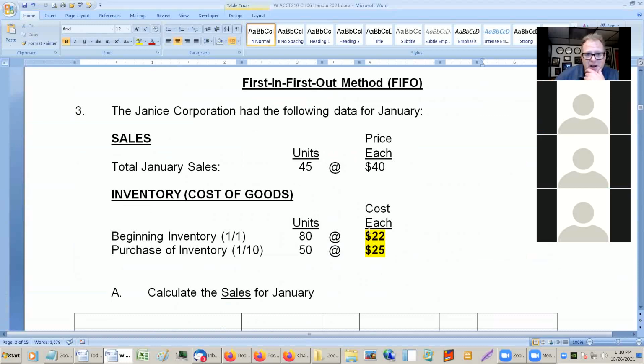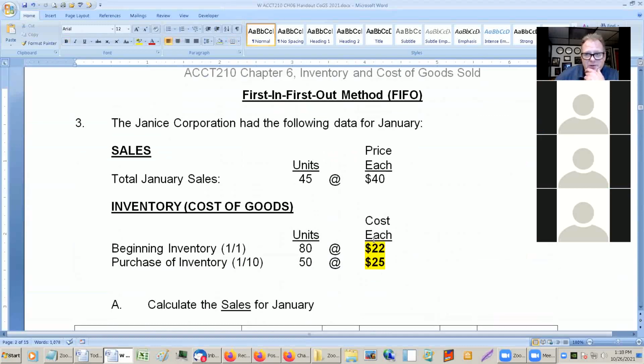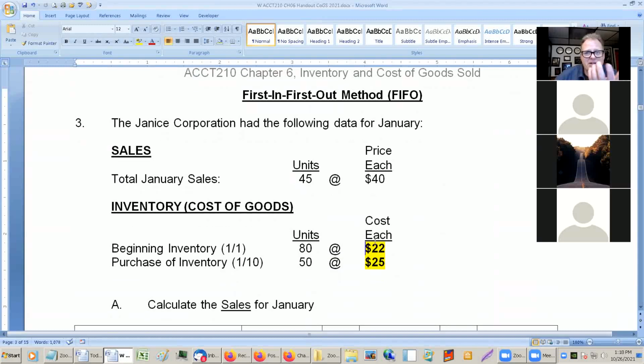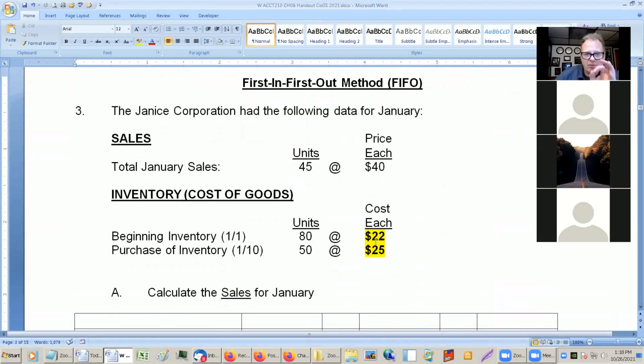So you run into this problem of, what if the prices aren't the same? If the prices are the same, it doesn't really matter. But if the prices change, and we all know the world that they usually do at some point, it matters which units up here were the ones that we sold, or that we're going to assume were sold.